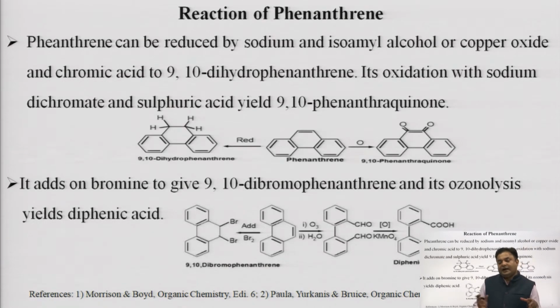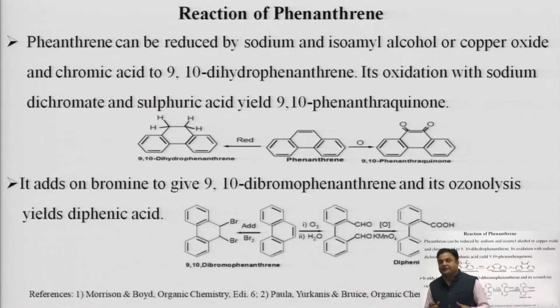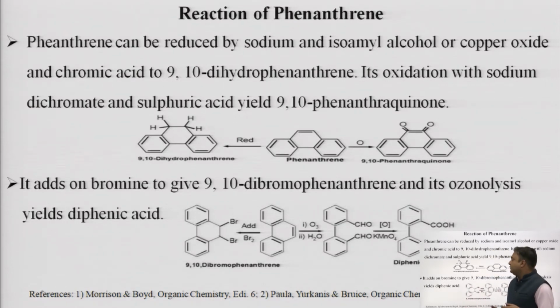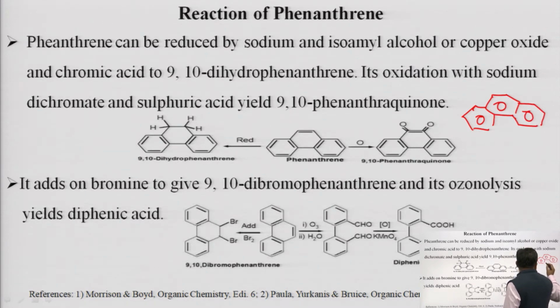In the last lecture, we also saw the structure of phenanthrene. In the structure of phenanthrene, you can see that there are three benzene rings fused together in an angular fashion.